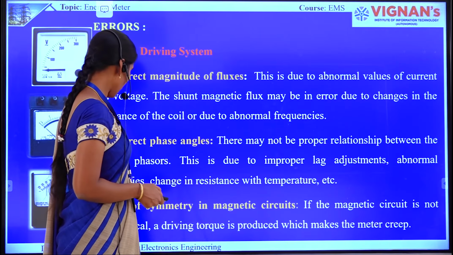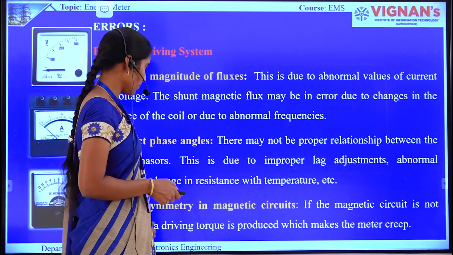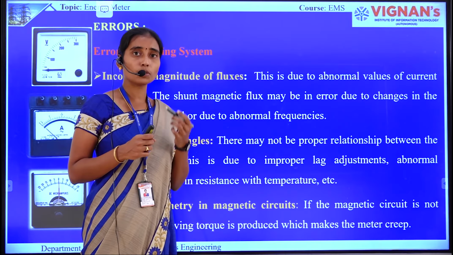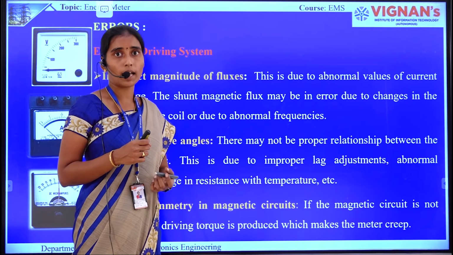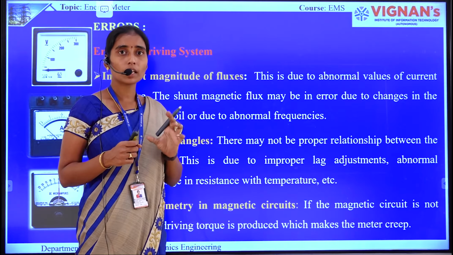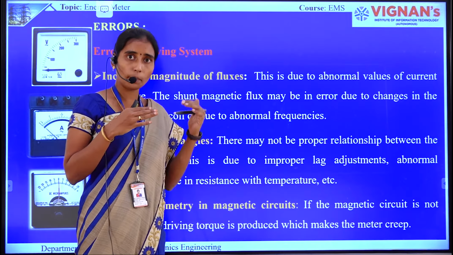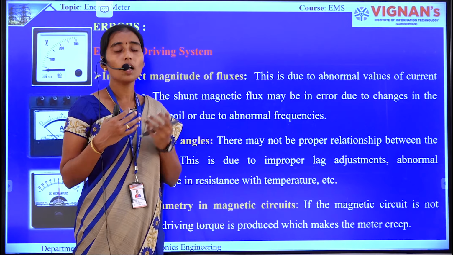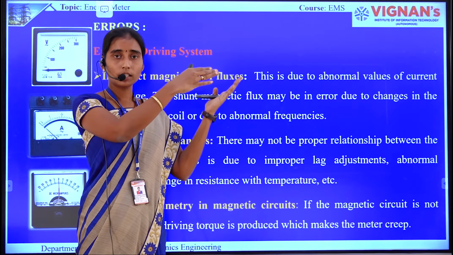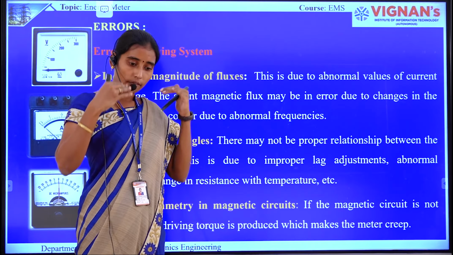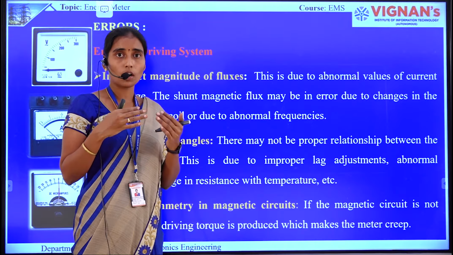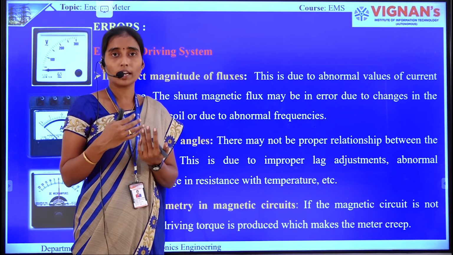The other error in case of your driving system is lack of symmetry in magnetic circuits. If there is no symmetry in the magnetic circuits of both your shunt as well as the series magnet, your aluminum disc will try to creep. Creeping is nothing but even though you don't pass current through your series coil, your aluminum disc tends to rotate. Your pressure coil will be subjected across the supply, whereas there is no current passing through the series coil.